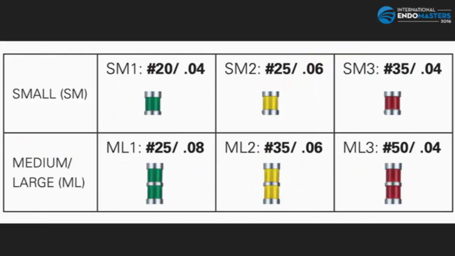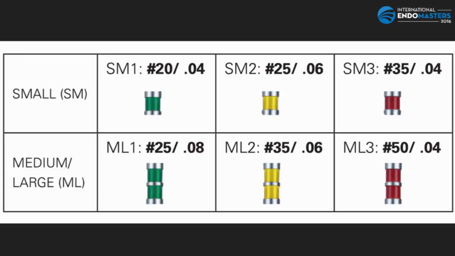So in the small canal, the green one is called SM1, it's a 20.04. The SM2 is yellow, it's a 25.06, and the SM3, the red with one band, is number 35.04.